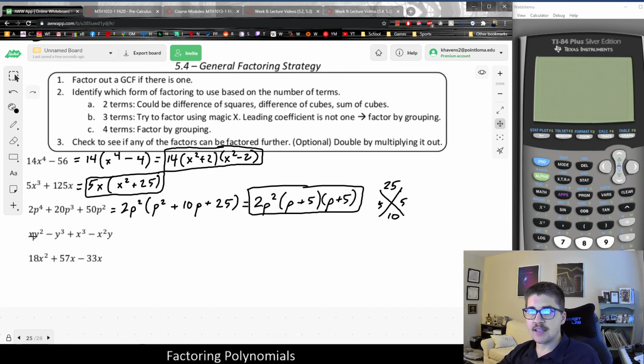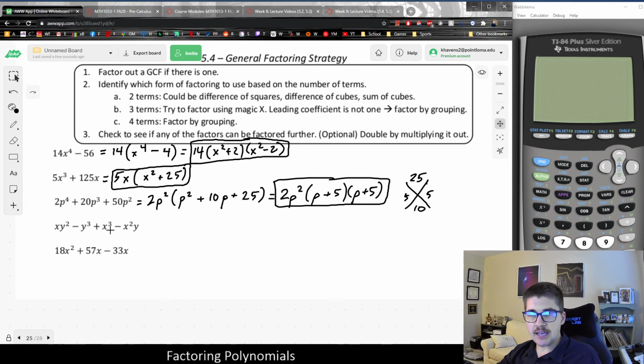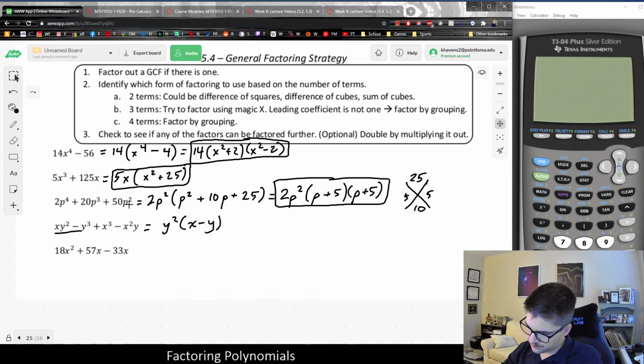Looking at the fourth example, here it appears as though there is no common factor across them all, because some of them have x's, some of them have y's, but none of them have any in common. And so step 1, there's nothing, but from here, since it's 4 terms, what I would think is try factoring by grouping first of all. If I look at the first group, I could see there's a y squared in common, which would leave me with x minus y.